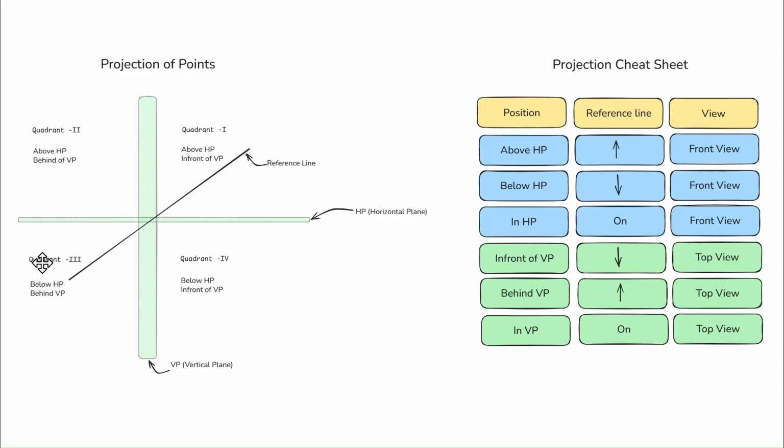Similarly, in quadrant 3, we'll have below HP and behind VP. And in quadrant 4, that will be below HP and in front of VP.